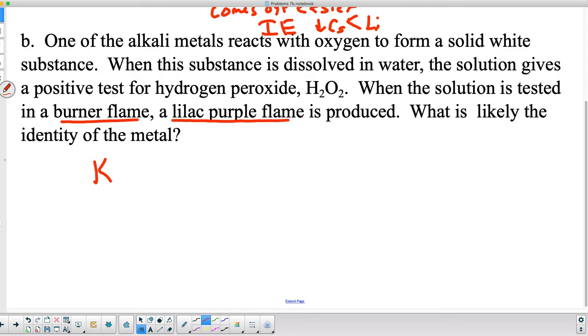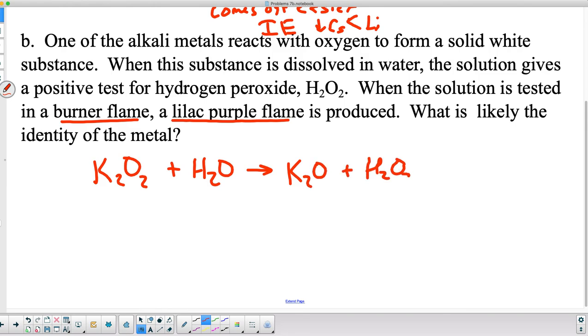That is clearly potassium. Potassium with oxygen can react to form a peroxide. If I put peroxide and water together, what I end up with then typically is potassium oxide like this and hydrogen peroxide. Okay, so that is something that's definitely happening.